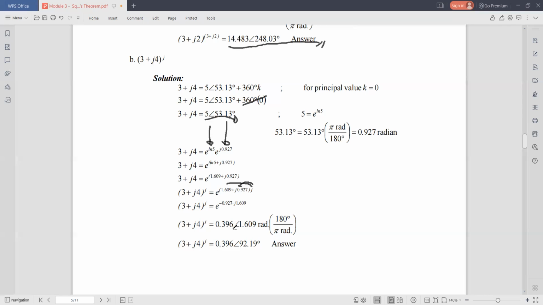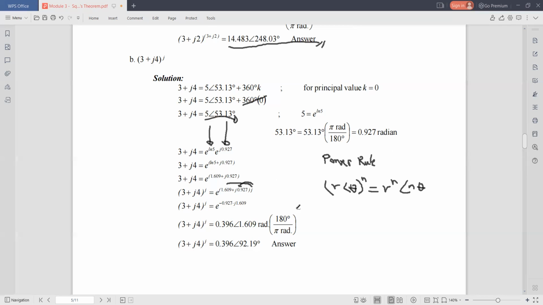So for the power rule of your polar form, take note. If you have a polar form given of magnitude with the angle of theta, raised to an exponent or the nth root, then the equivalent value would be the magnitude raised to n, with the angle of n times theta.